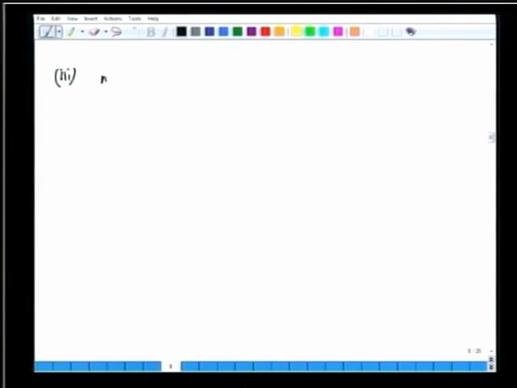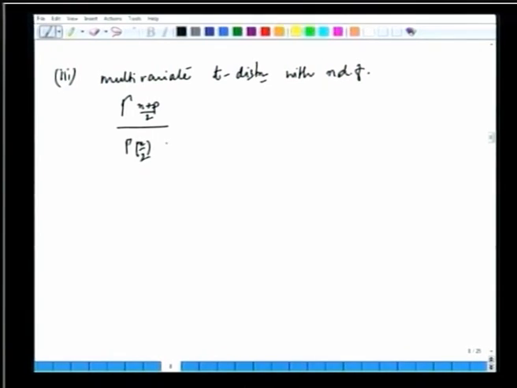This is the multivariate t distribution with n degrees of freedom, and it has a PDF like gamma of (n plus p) by 2 by gamma of n by 2, and then we have n pi to the power p by 2, with 1 plus 1 by n x transpose x, raised to the power (n plus p) by 2.